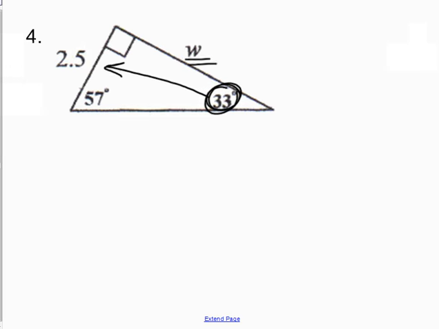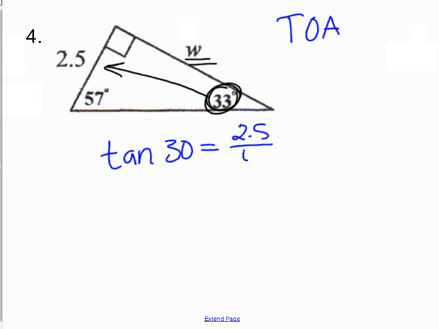So opposite, adjacent, that's going to be tangent. SOHCAHTOA. Tangent, opposite, adjacent. Okay, so that means the tangent of 33 equals the opposite side, 2.5, over the adjacent side, W.